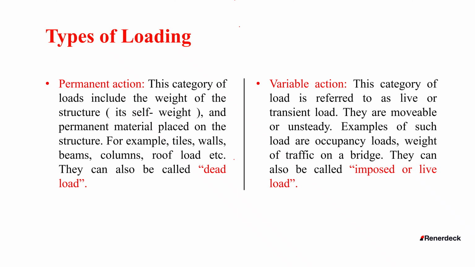Some examples of such loads are the composite loads under variable action. Composite load is talking about maybe dwellings, people, etc., and the weight of traffic on a bridge. They are also called imposed or live load. Now let's go to the next slide.